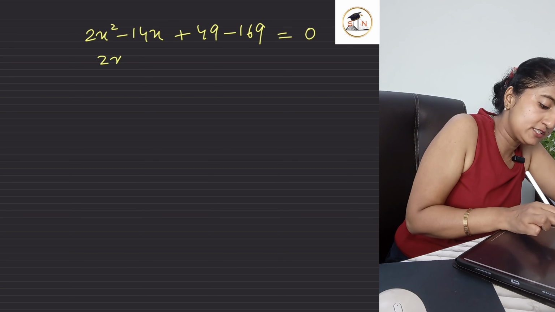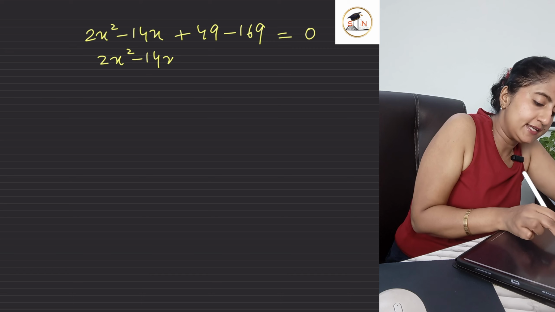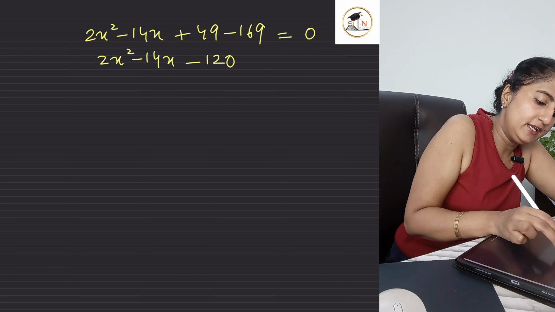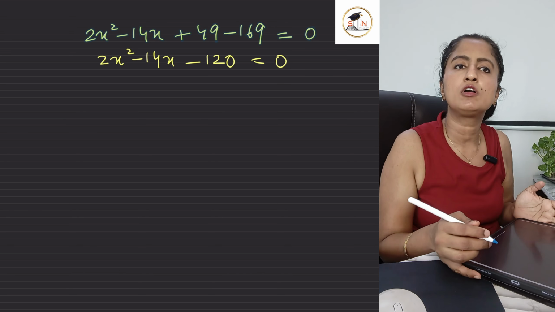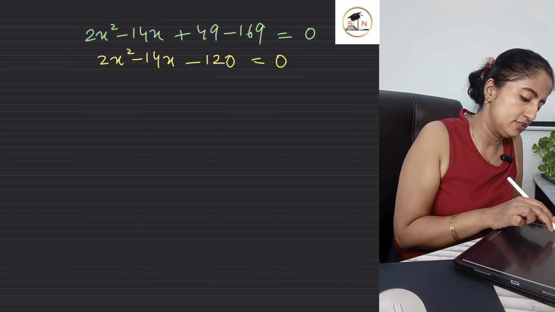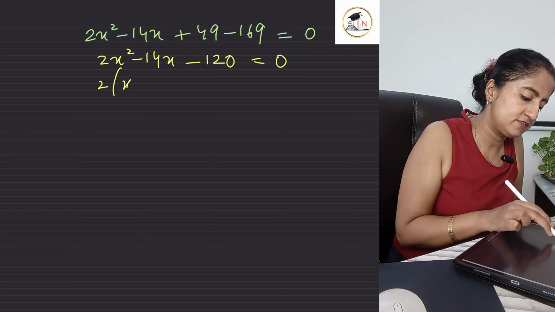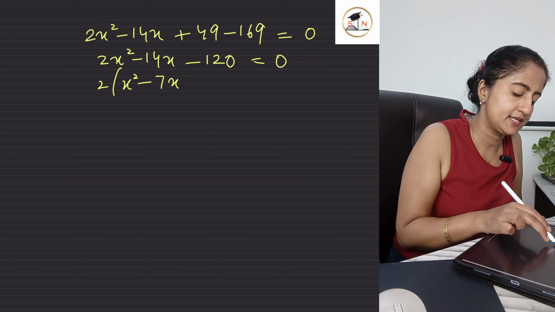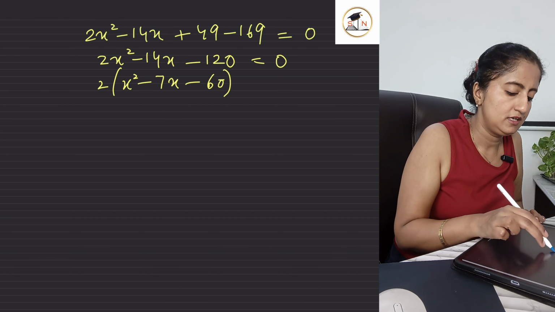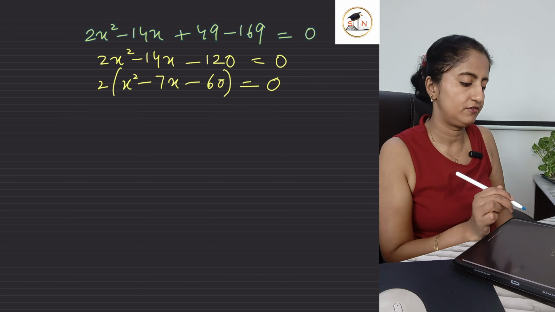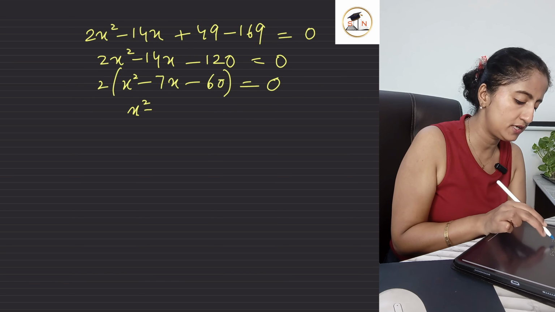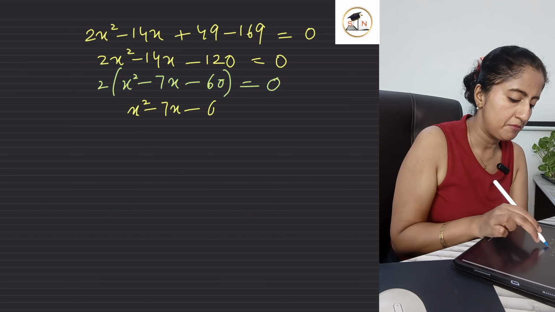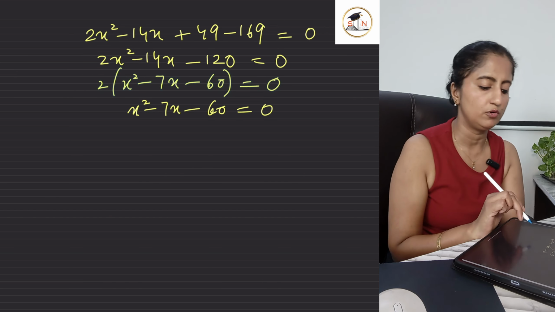So we have 2x square minus 14x minus 120 equals 0. And again I can see we have got 2 as a common factor, right? So taking that out leaves us with x square minus 7x minus 60 equals 0, right? Now this 2 goes to the other side. We are just left with x square minus 7x minus 60 equals 0.